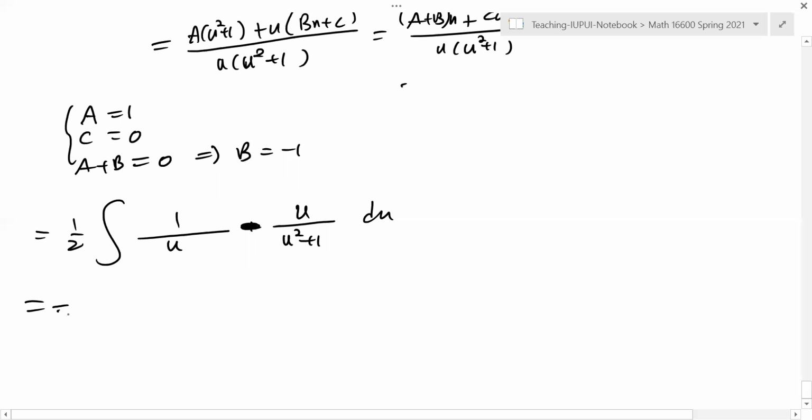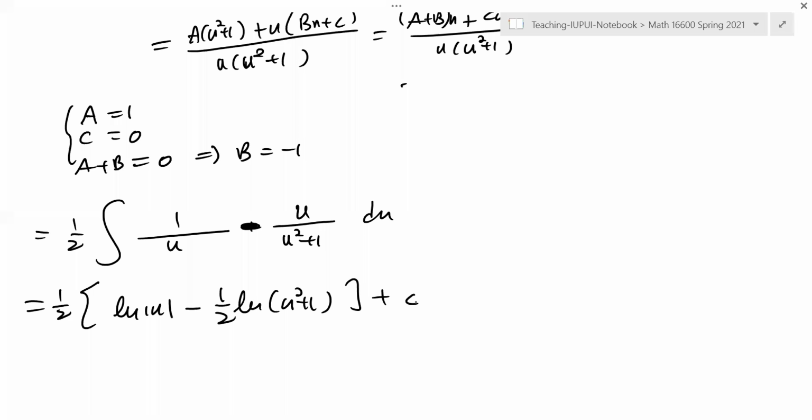And the antiderivative of the first one is natural log of u. The second one, natural log of u squared plus 1. And then you have to divide by 2 because when you differentiate, you get 2u on the top. That's it.